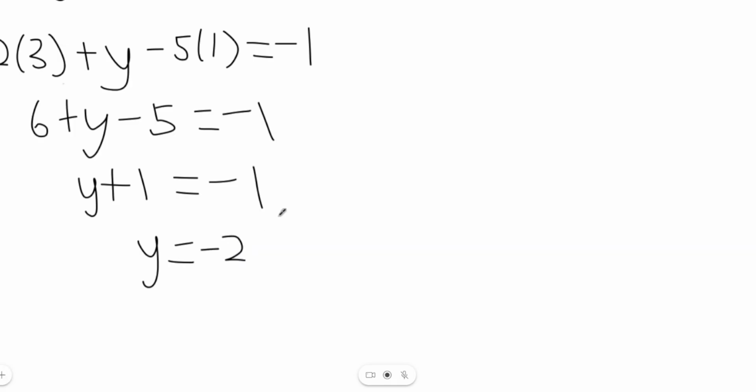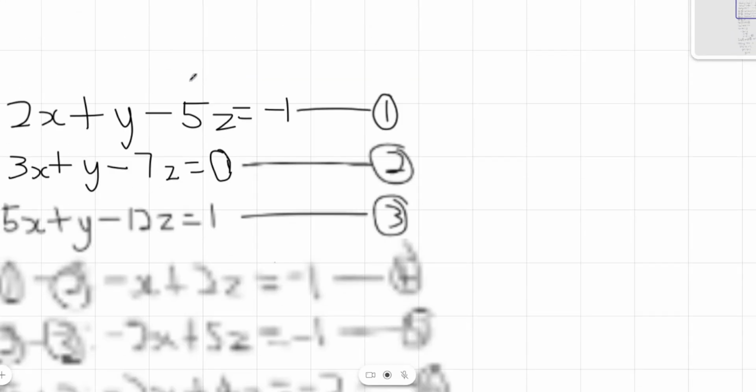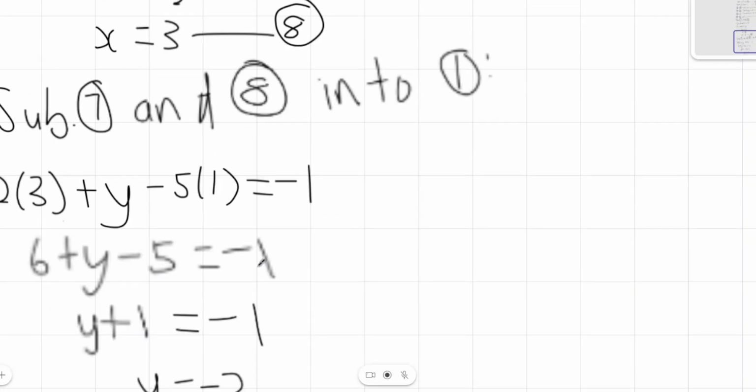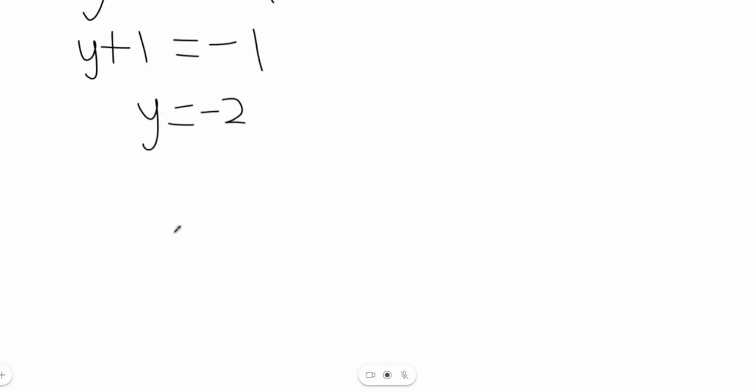So once we have finished this, we have found the values for all the variables here. We have successfully solved the simultaneous equations. So we can choose to write all of the variables' values down here if we want to make it more neat and not messy, I guess.